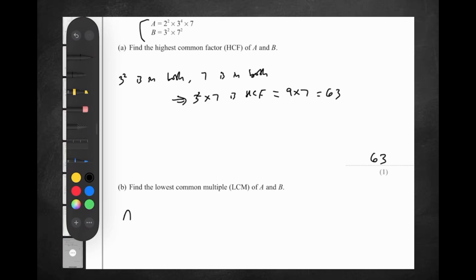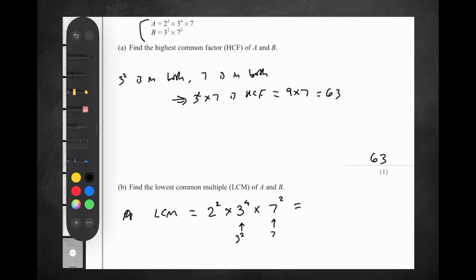So we need to say lowest common multiple equals 2 squared times 3 to the 4, as 3 squared is in here already, times 7, but that doesn't bring in the 7 squared that's within B, so I'm going to do times 7 squared. 7's in here already, so all we're effectively doing is merging those two things at the top together, and to get the lowest one, we just need to consider the absolute minimum that have both of the prime factors in them.